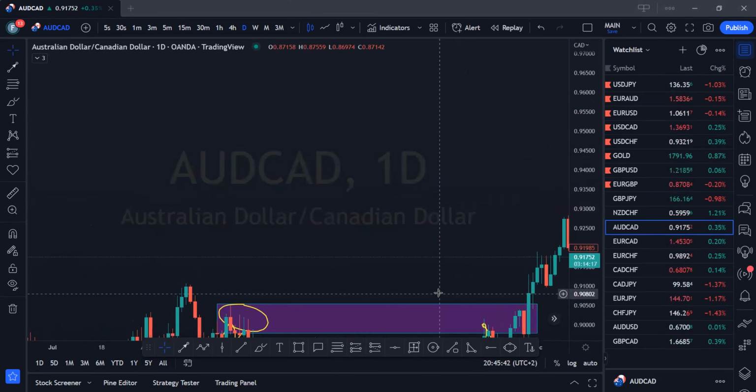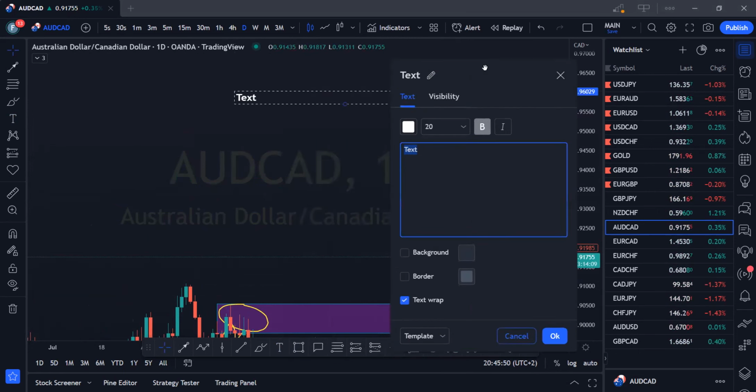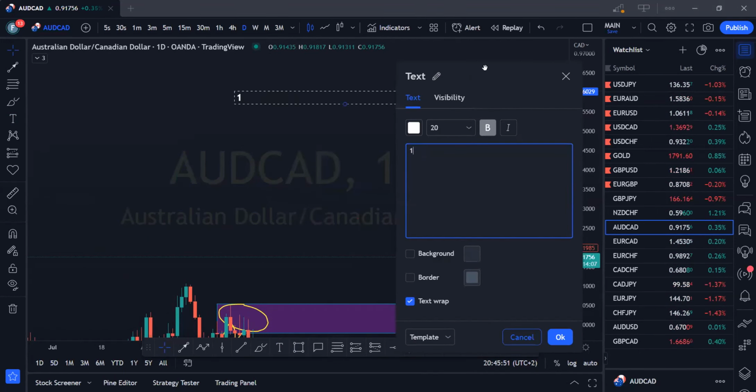So let's digress for a bit. There are three major kinds of traders: scalpers, intraday traders, and swing traders.